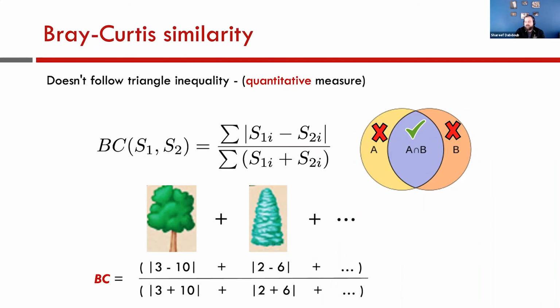In other words, they share the exact same number of each type of species. And 1 indicates that the two samples have complete dissimilarity. They share none of the same type of any of the species. So they're completely dissimilar.